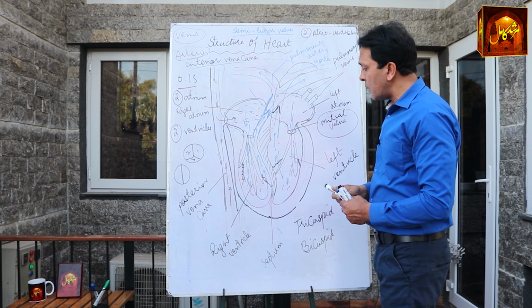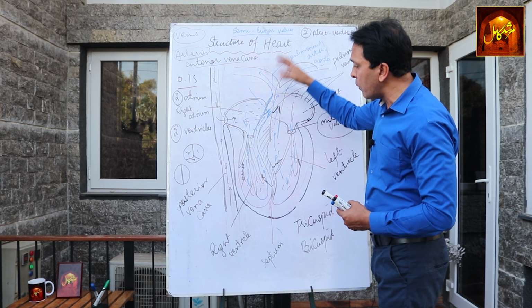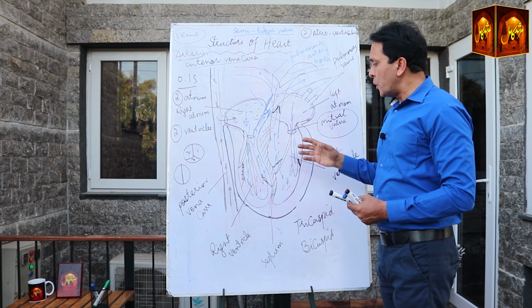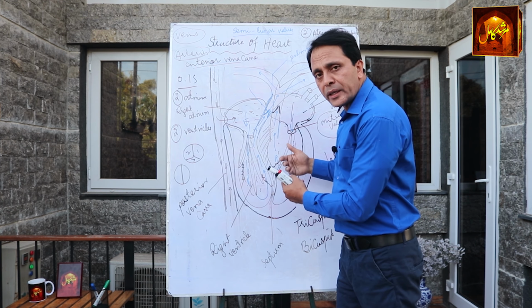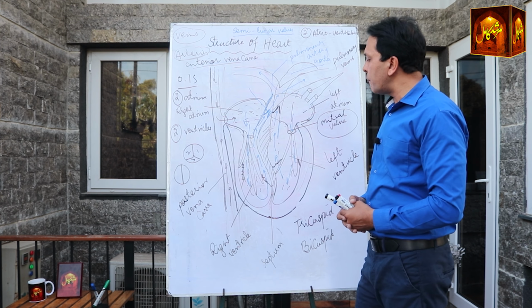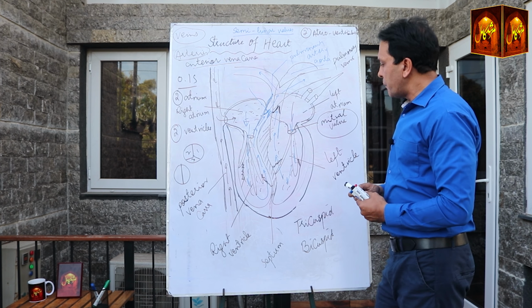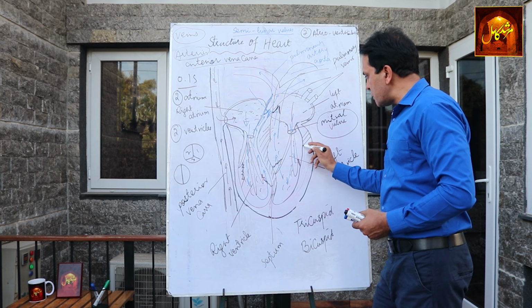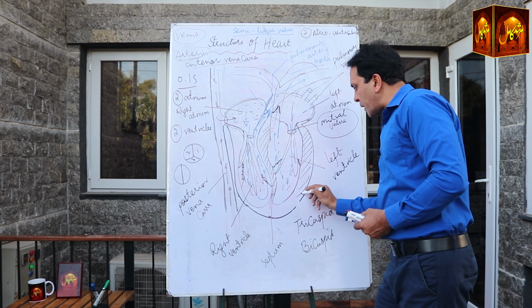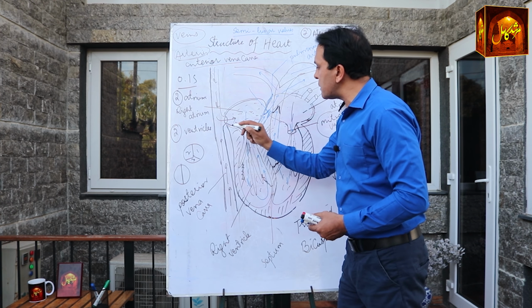Otherwise, most of the blood can flow back. So actually what they do is ensure one-way movement of the blood in one direction only. Then talk about the left and right side of the ventricles.